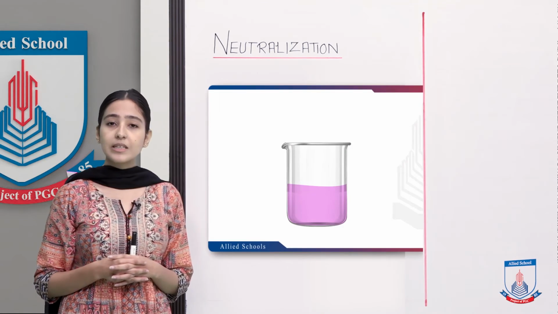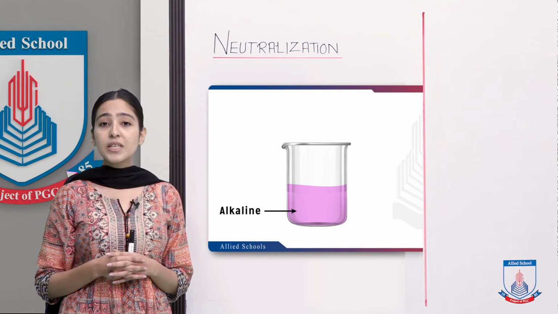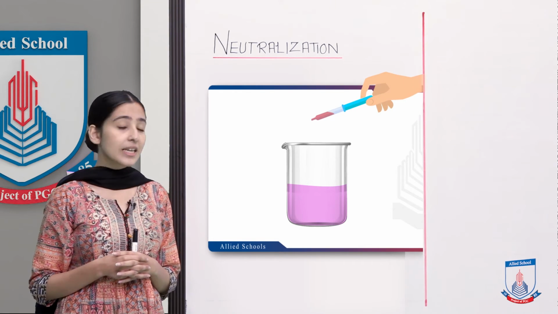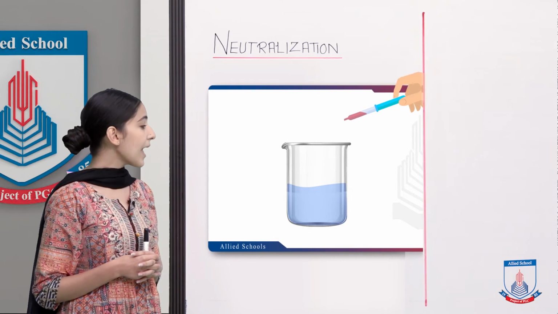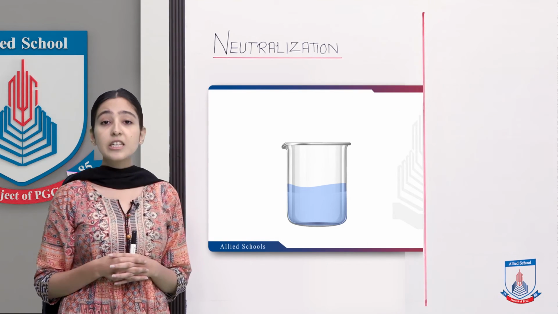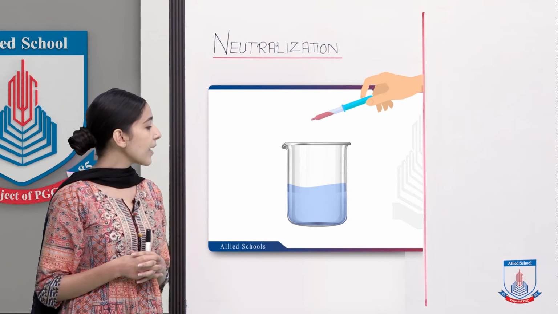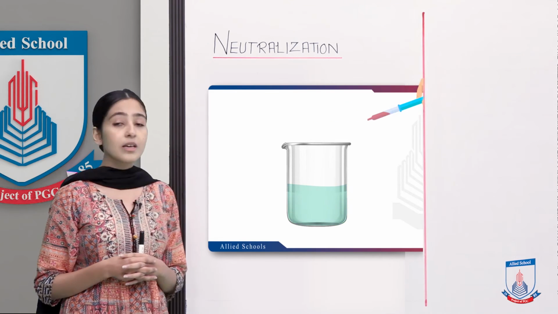Number 1 is a funnel that contains a solution which is alkaline and the color is purple. Now, if we add a few drops of acid to it, it will turn blue, which means that the stronger alkaline solution is getting weaker. Now, if we continue to add drops of acid, there will be a point where the solution will be green.